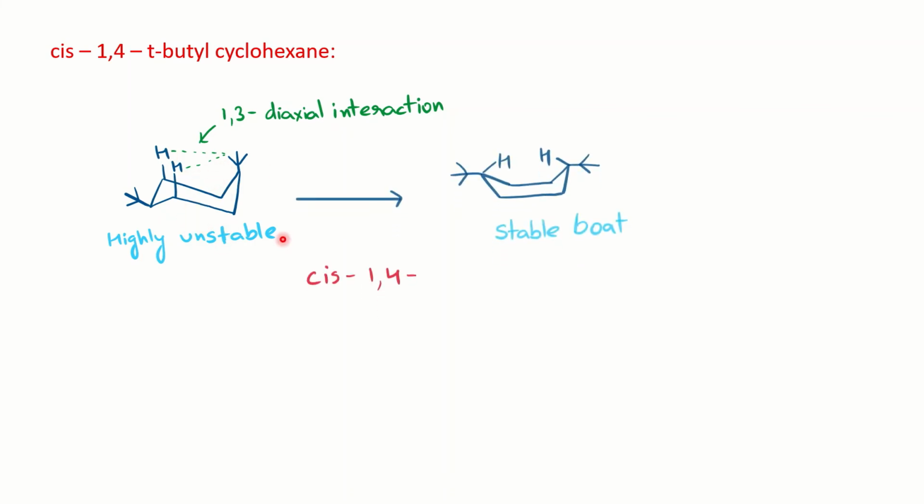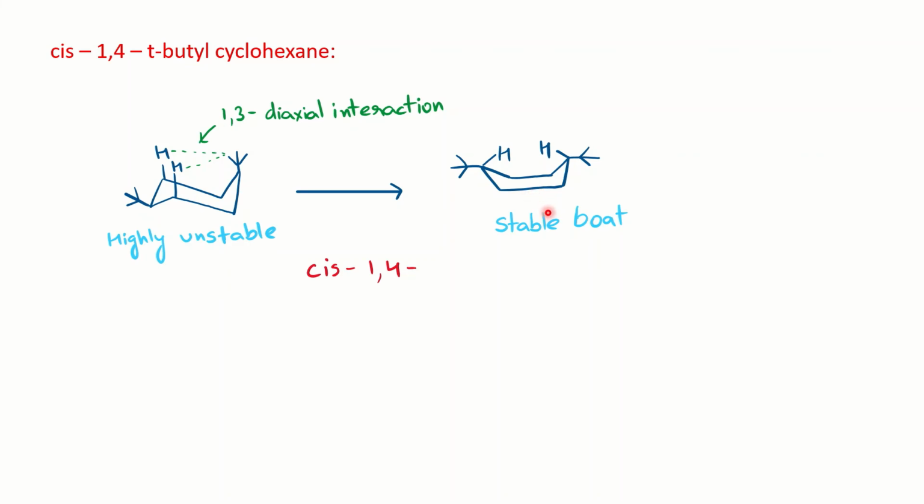So it is going to convert into the boat conformation, where you can notice the two tertiary groups are opposite to each other, away from each other, and there is no such 1,3 diaxial interaction in this boat conformation. And so here also the boat conformation of cis 1,4 ditertiary cyclohexane is more stable than the chair conformation.